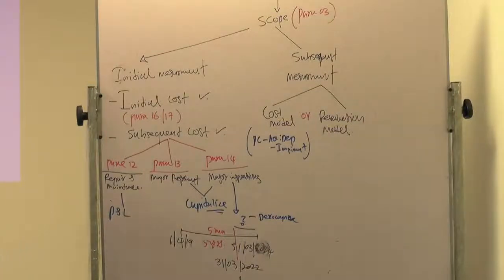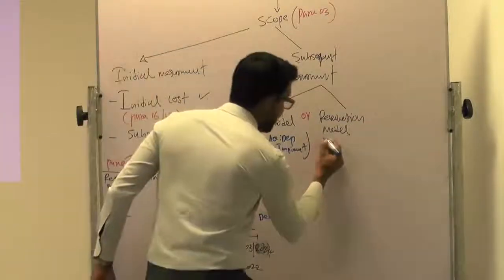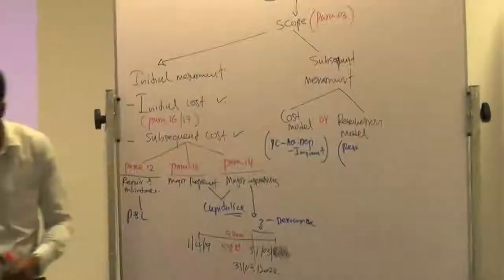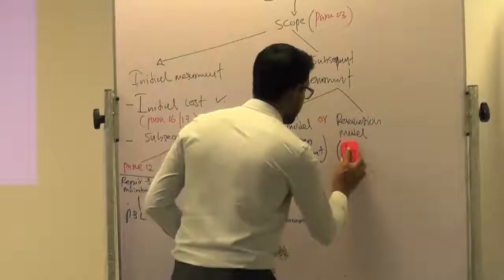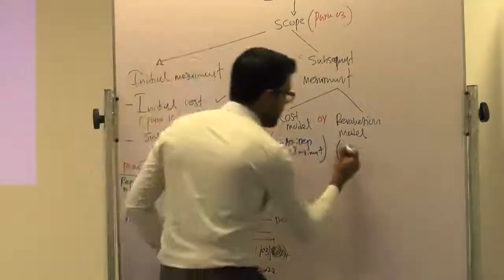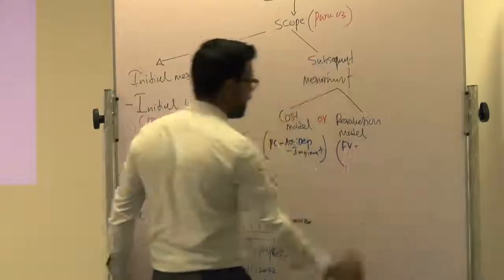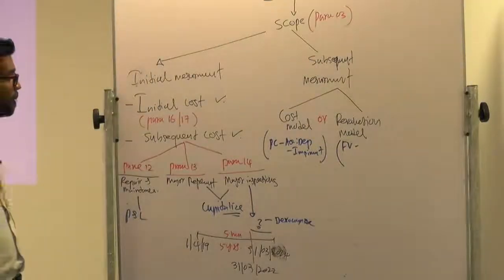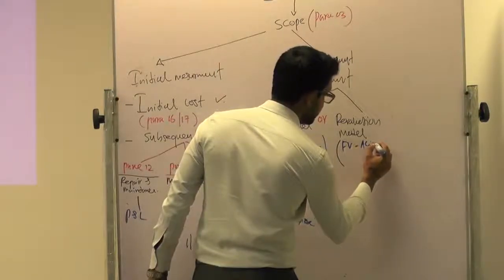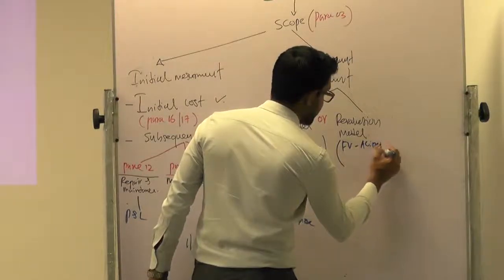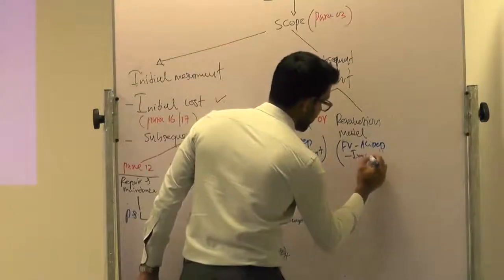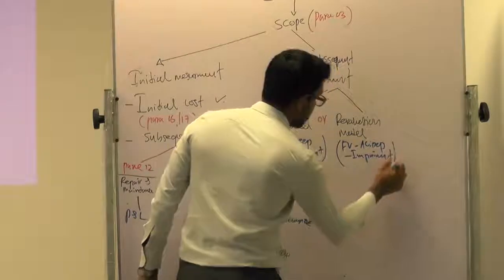That is the cost model. Revaluation means the revalued amount, sorry, fair value at the date of revaluation. We will say it like that, that should be the word actually. Fair value at the revaluation date minus accumulated depreciation subsequent to the revaluation, minus impairment if there is any thereafter, right.